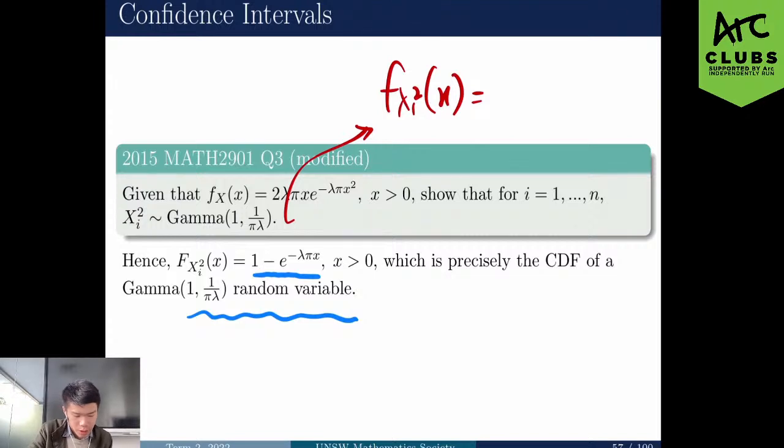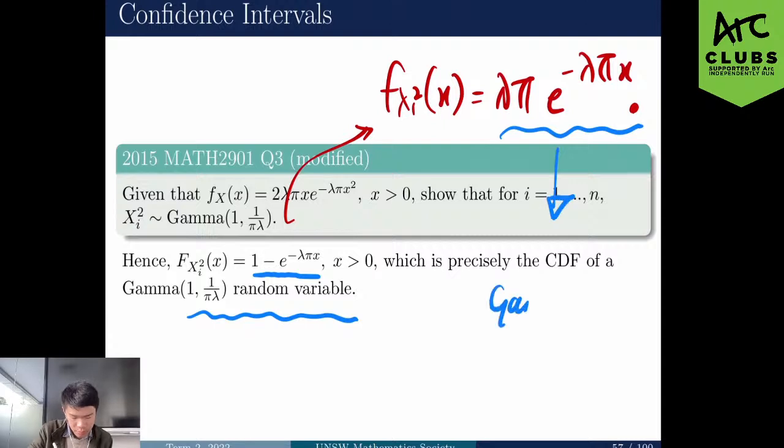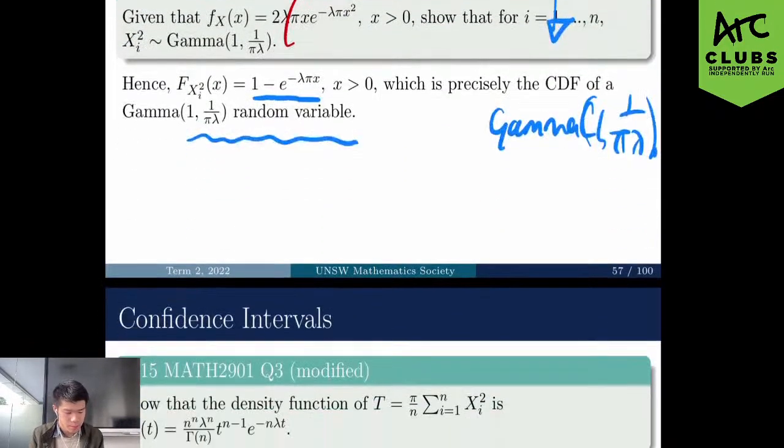That equals lambda pi e to the minus lambda pi x, and you can compare that with your lookup tables in the exam, and you'll work out that that's going to be gamma 1 on 1 minus pi lambda, right? Again, not related to what we just did, but it's a necessary precursor to this.